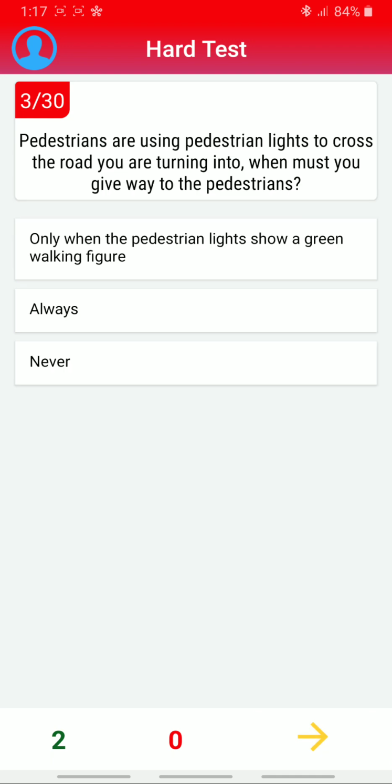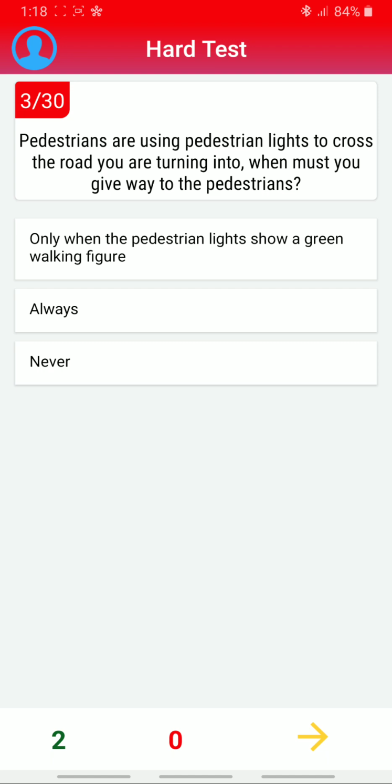Third question: pedestrians are using a pedestrian light to cross the road you are turning into. When must you give way to the pedestrian? Only when the pedestrian light shows a green walking figure, always, or never.